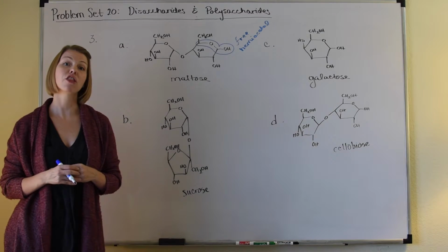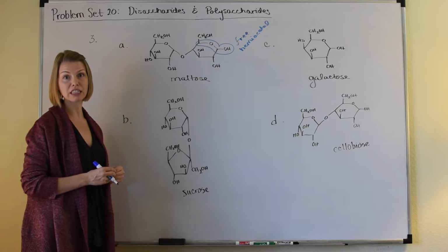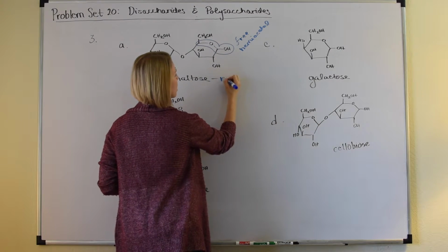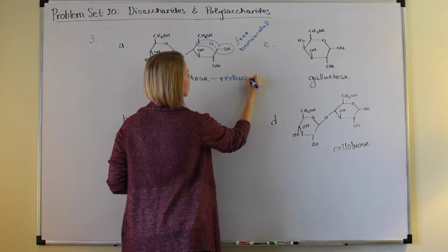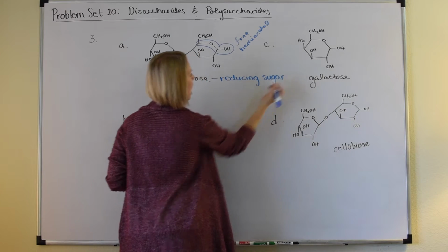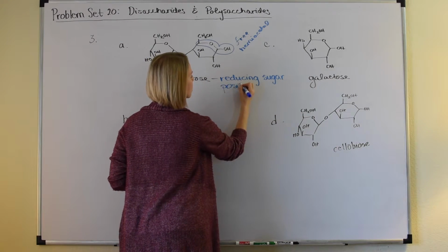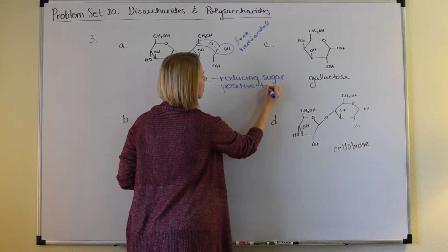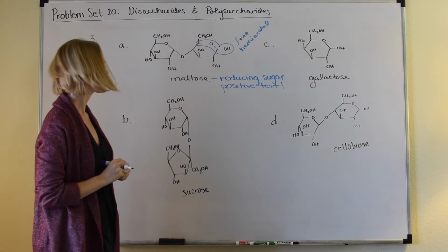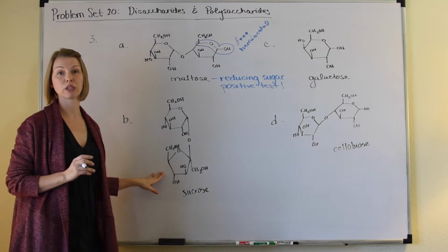It will cause the copper 2 to be reduced to copper 1, and we will get a positive test with Benedict's reagent. So I'm going to write here for maltose that it is a reducing sugar, and it will give a positive test with Benedict's reagent.